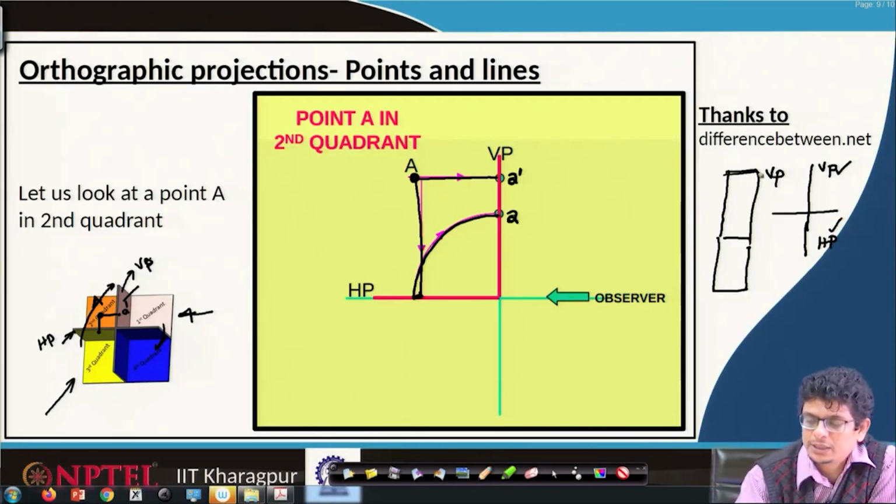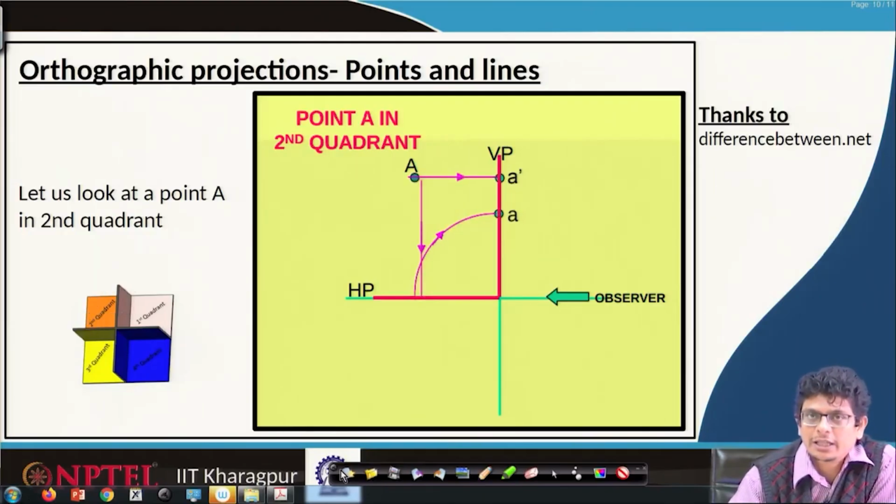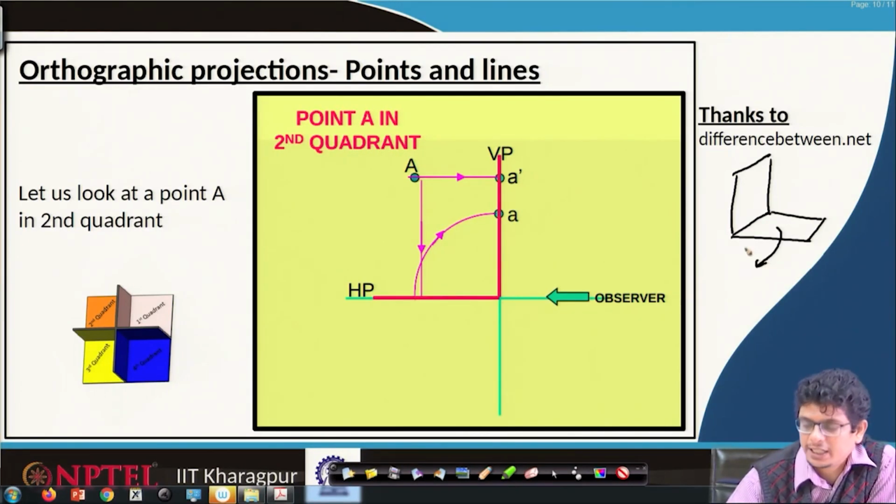In one view this makes a box, in the other view it makes a line. On these lines or planes we show the projections. All the time the vertical plane remains the same, but the horizontal plane is flipped by 90 degrees in the clockwise direction, so that we show that impression.